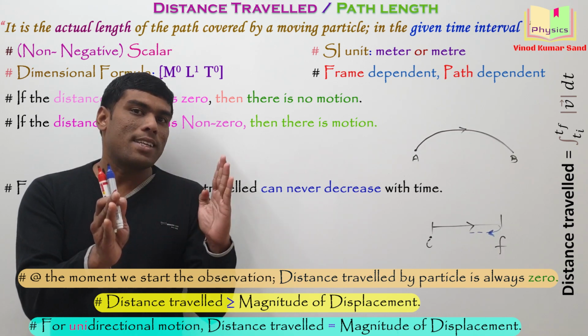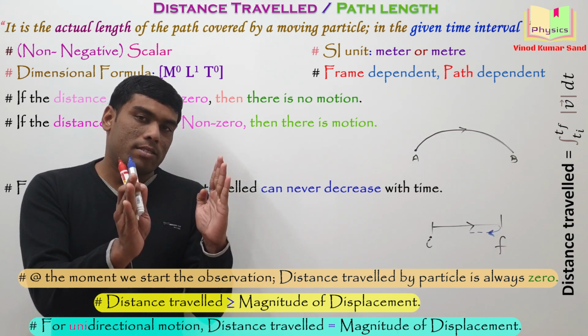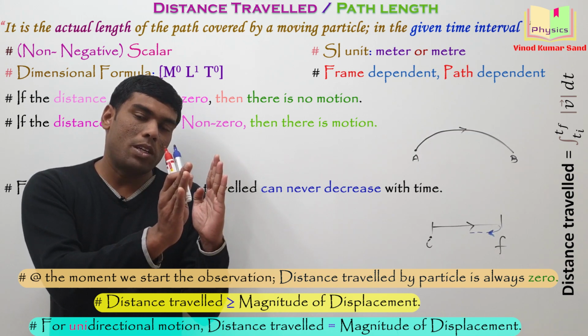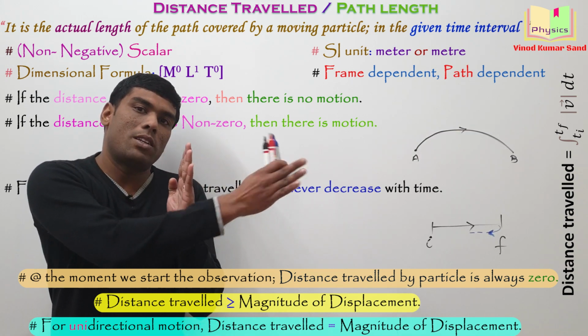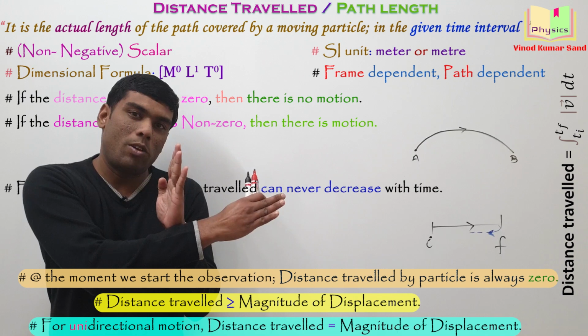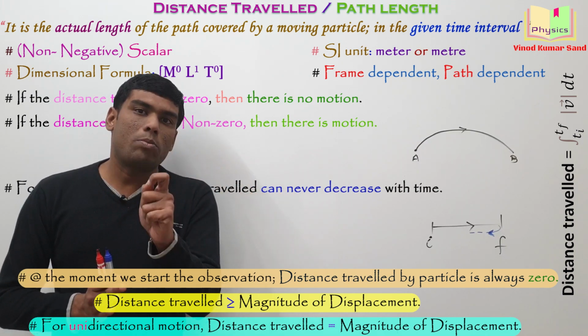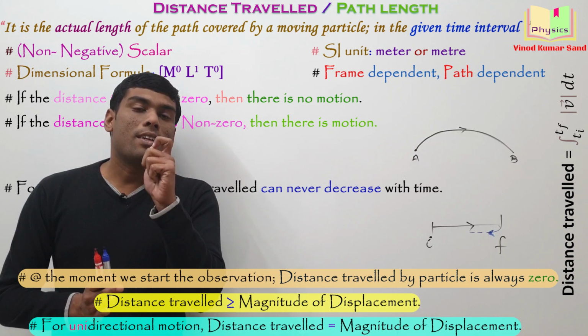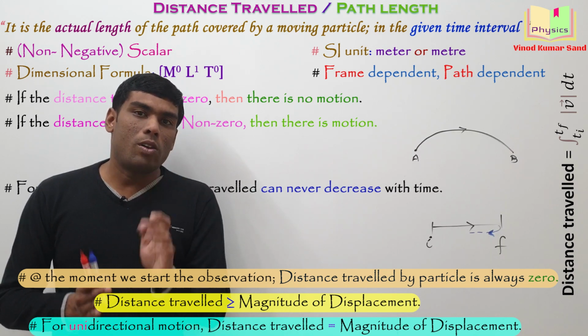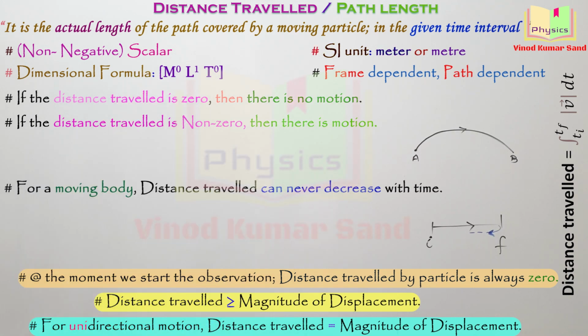And then with passing time, I'll tell that train has moved by 5 meters, 100 meters, 200 meters, 500 meters, 1 kilometer, 5 kilometers. Understand that thing? Moment we start the observation, at that moment the distance traveled is always 0. Note it down.